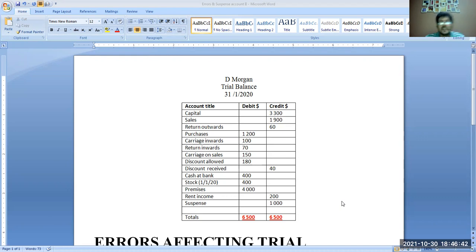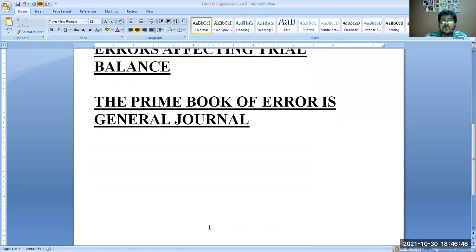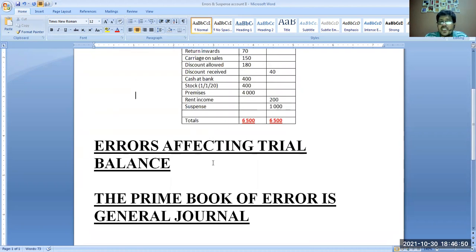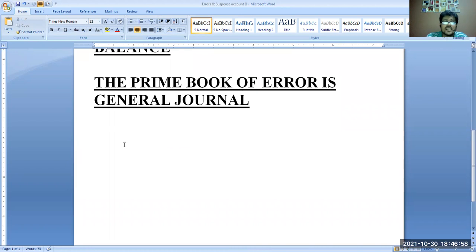Okay. So what are the possible 4 errors we could have made which result in a suspense account? They are called errors affecting trial balance. The first error today is casting error.